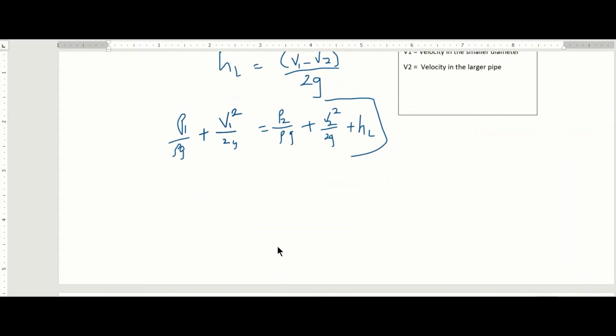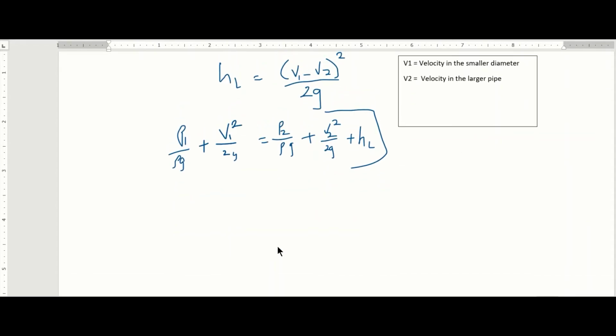Now I want us to also note that we have some very special cases. For example, when a pipe discharges into a very large reservoir through a sharp exit, conditions for enlargement can be different.